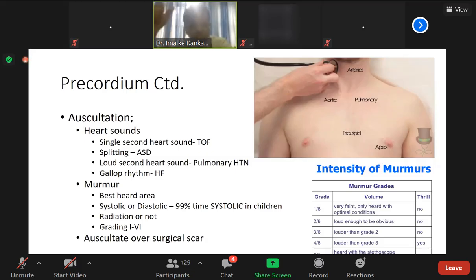Usually we will not give cases without heart murmurs, right? Keep that in your mind before you tell us you did not hear a murmur. Think twice. If there's no murmur, that patient might not be eligible for the exam. That's the way we think.